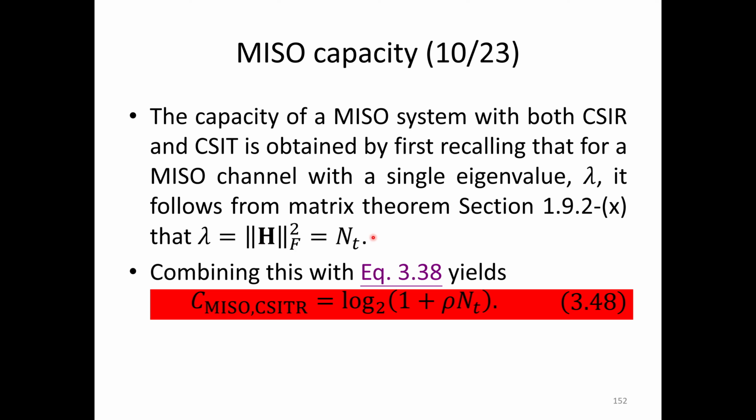Now because we consider a MISO system, single output means that the number of receive antennas NR is equal to 1, so we can cancel the term NR. So finally, we have the square of the Frobenius norm of H is equal to NT.